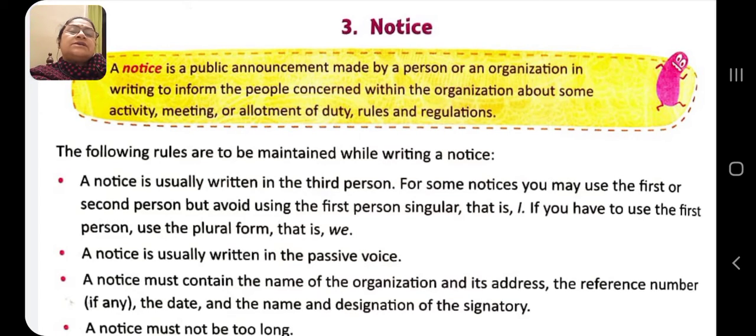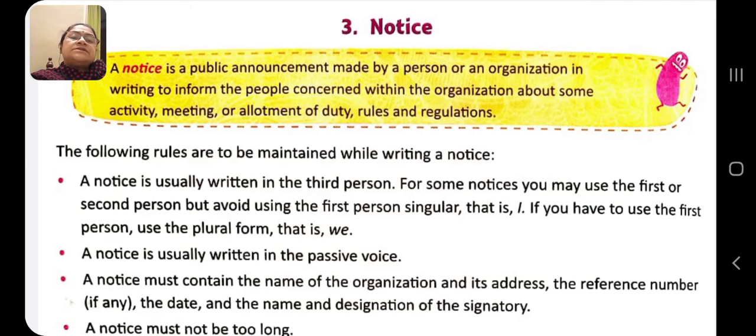A notice is usually written in the third person. For some notices, you may use the first or second person, but avoid using the first person singular, that is I. If you have to use the first person, use the plural form, that is we. Better not to use it. Always write a notice in the third person.